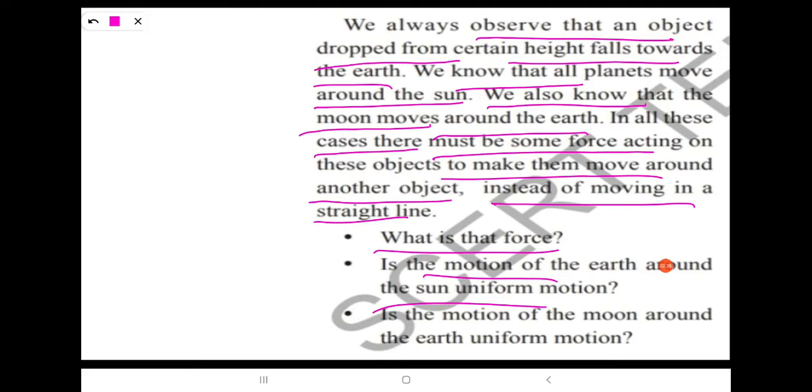Yes, the motion of the earth around the sun is uniform motion. Next, is the motion of the moon around the earth uniform motion? Yes, the motion of the moon around the earth is uniform motion.